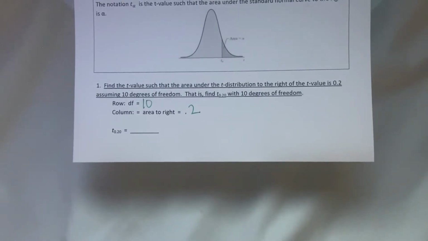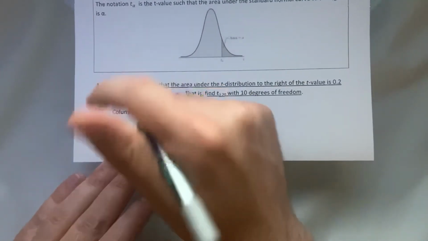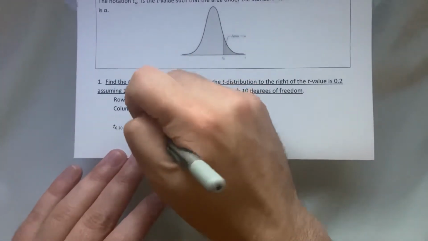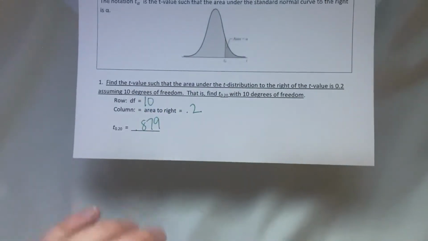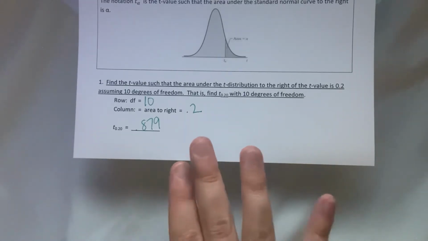When I see where those two line up together, I should find 0.879 in my t-table. What that means is at 0.879 standard deviations to the right, 20% of the data still remains on the right after I've gone up 0.879 standard deviations. That's the equivalent, in the last section, of the z alpha over 2. It's now a t alpha. So that's the t in the equation from the first page.